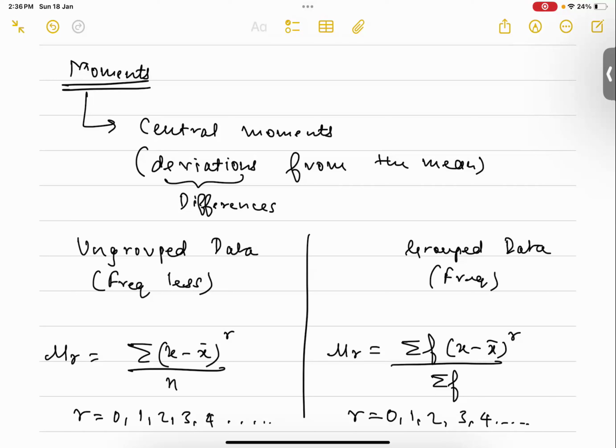Now let us take two examples. One is of grouped data and the other one is of ungrouped data. So let us go to exercise 14.7, page number 723 of your textbook.